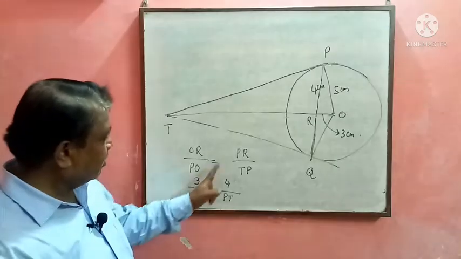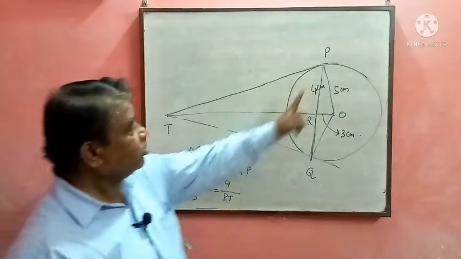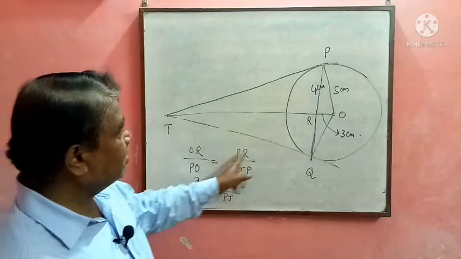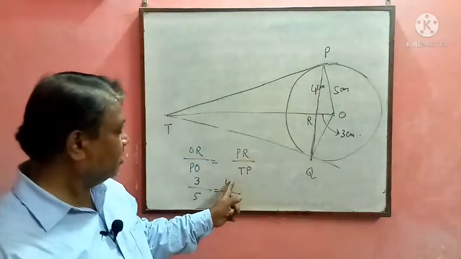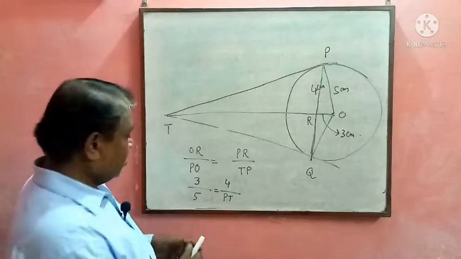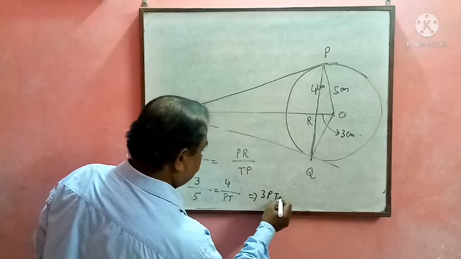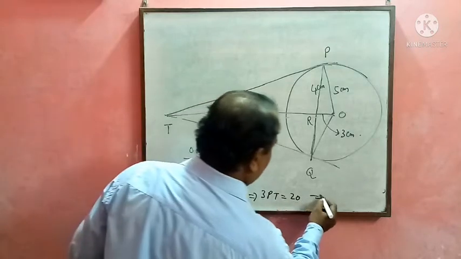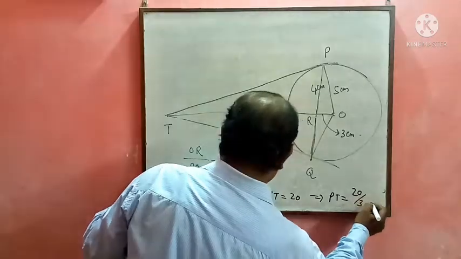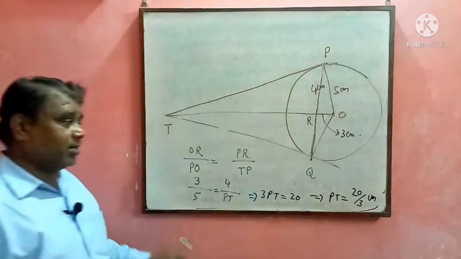Now PO is 5 centimeters, PR is 4 centimeters, and PT we have to find out. Now you see, directly 3 PT is equal to 20, or PT is equal to 20 upon 3. If it is in centimeter, this is also centimeter. That's what the result is.